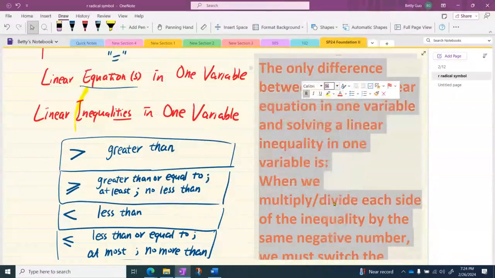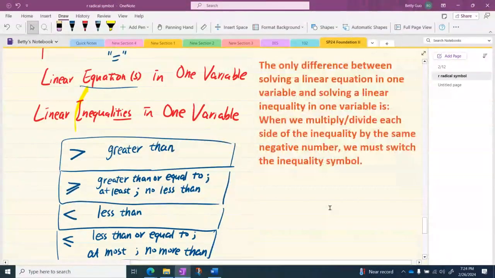The only difference between solving a linear equation in one variable and solving a linear inequality in one variable is, so earlier this chapter so far, we have only been doing solving linear equations. So the next thing we're going to do is to solve linear inequalities. And what's the difference between the two things? There's only one difference.